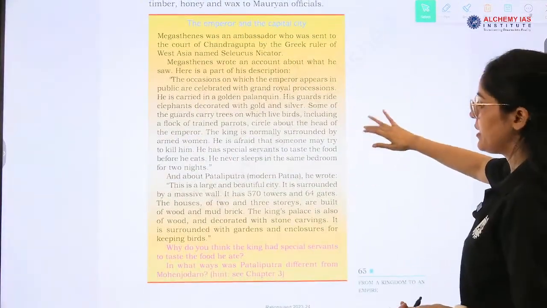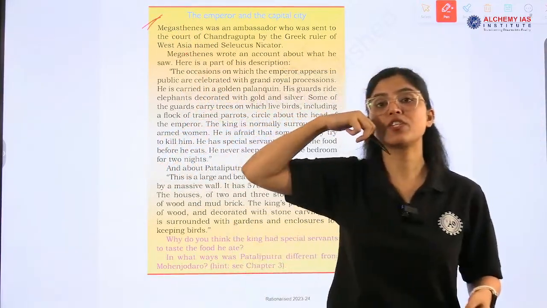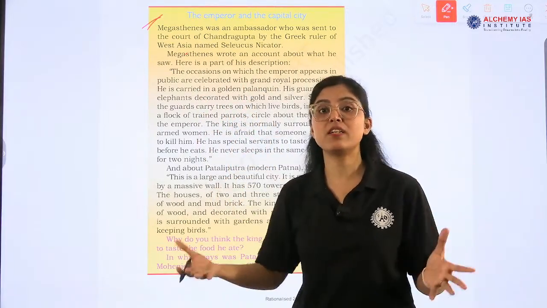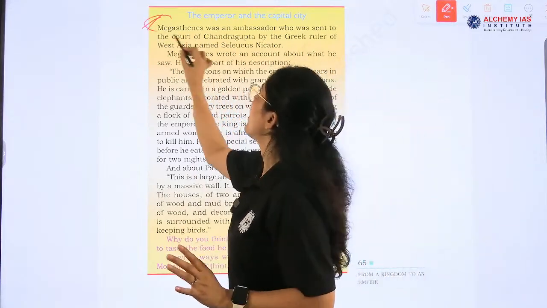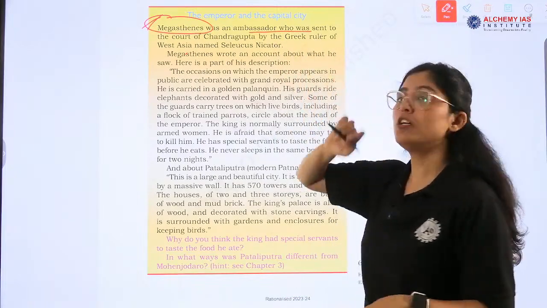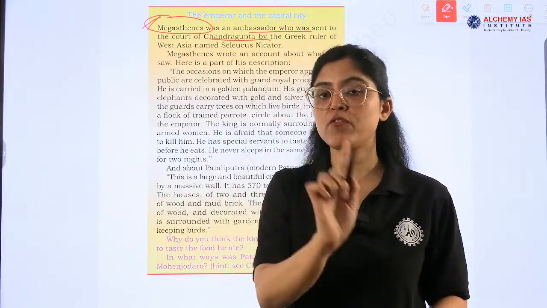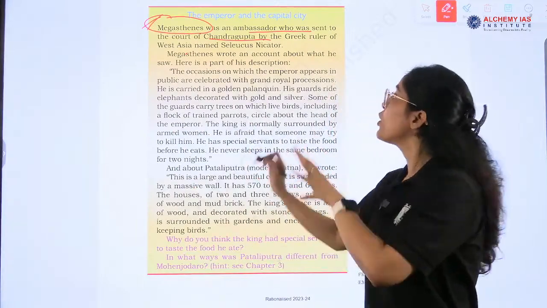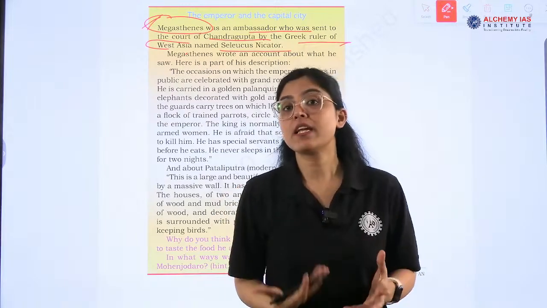Very important, and almost every year a question comes from this part: Megasthenes. Megasthenes was an ambassador in the court of which king? Simple question but difficult to remember. Megasthenes was an ambassador sent to the court of Chandragupta Maurya, the founder of the dynasty, by the Greek ruler of West Asia named Seleucus Nicator.